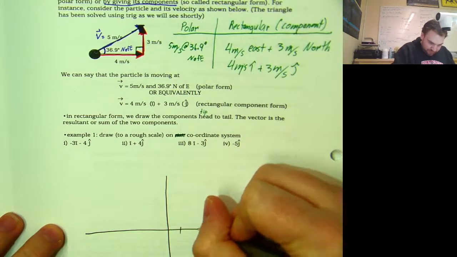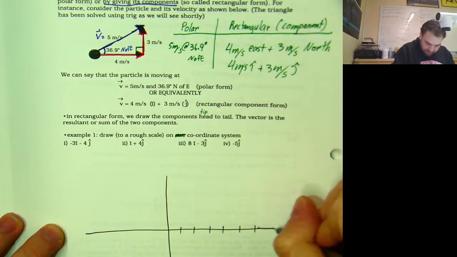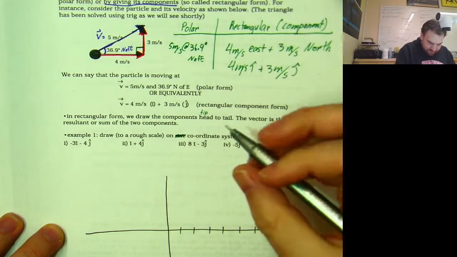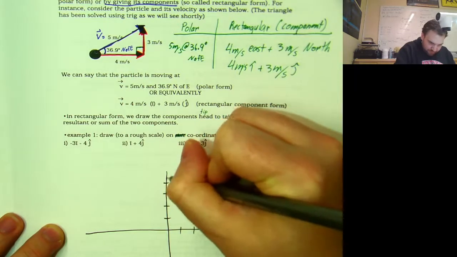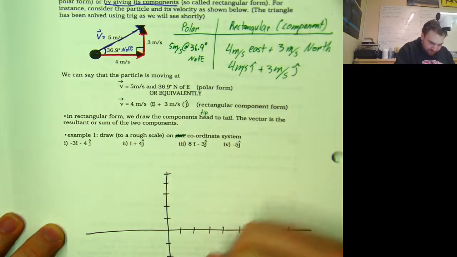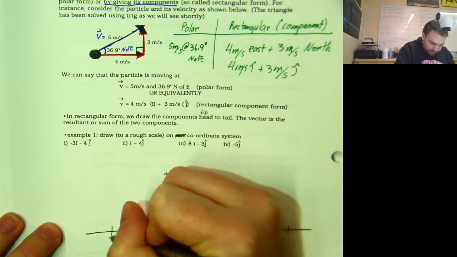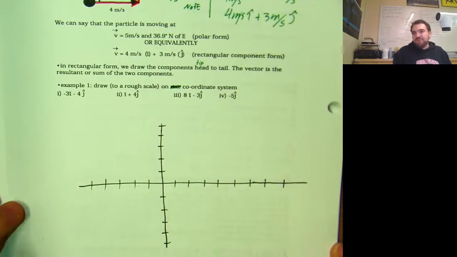So I need 1, 2, 3, 4, 5, 6, 7, 8. I don't need to go any bigger than 5. Okay. So there's my coordinate grid. We'll draw all of these on here.